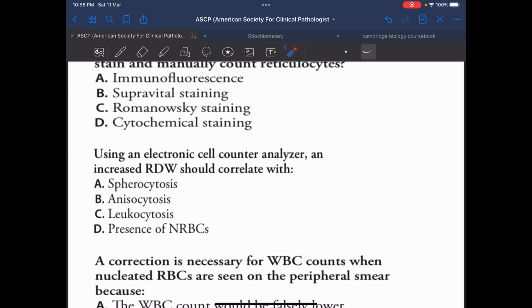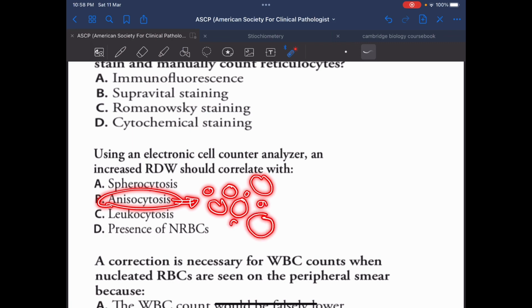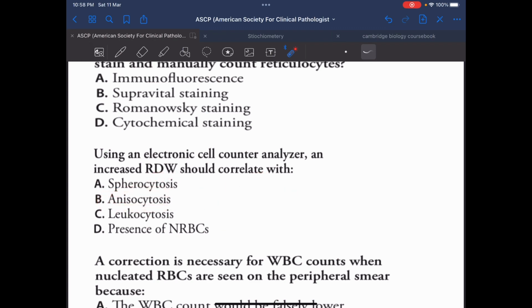It is anisocytosis. Varying and different sizes of cells will lead to an increase in the red cell distribution width.